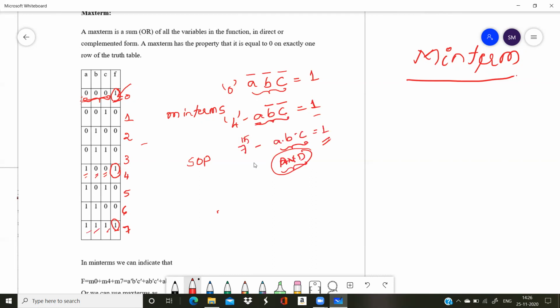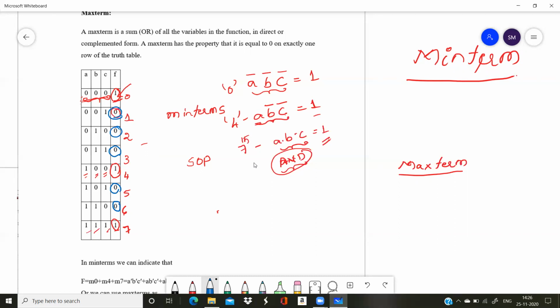The next term is the max term. What is this max term? Leaving all these ones, the rest of the outputs that we have as zeros, the first, second, third, fifth and sixth rows, are termed as the max terms.